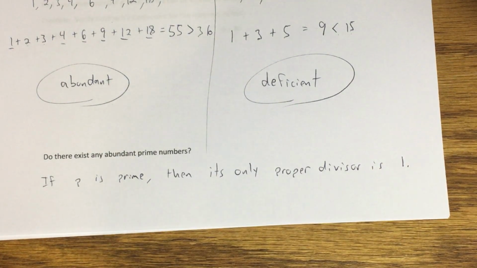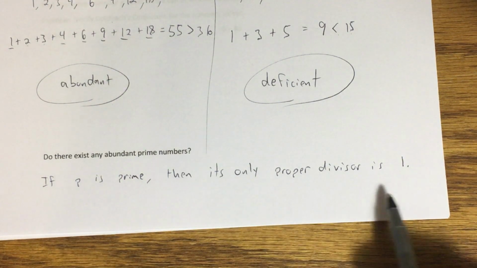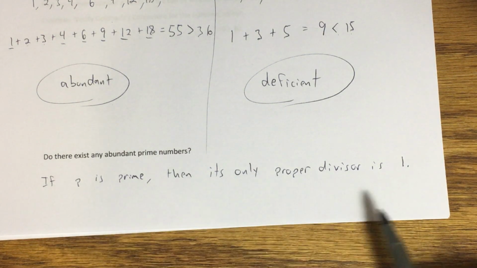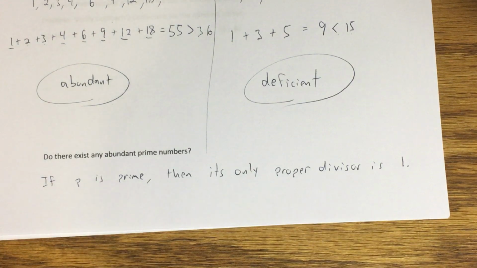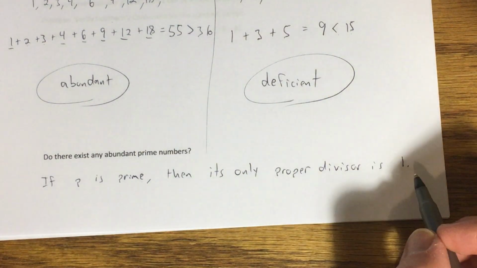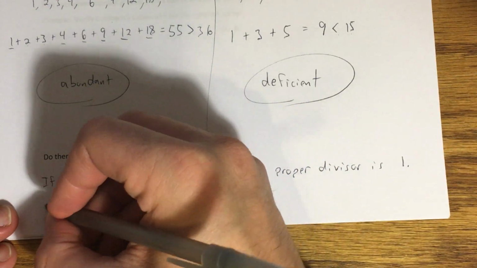Because the only divisors of a prime number are 1 and the prime number itself. But the prime number itself is not one of its proper divisors. So the only proper divisor of a prime number is 1. And we've already seen all prime numbers are larger than 1. The smallest prime number is the number 2. So if I add up all the proper divisors, there's only one number in that list. So the sum of those divisors is just 1.